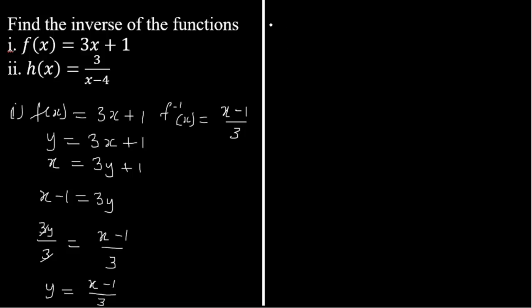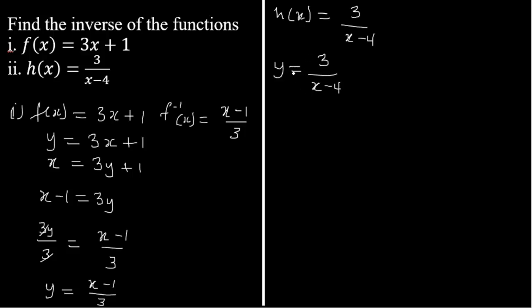Now let's look at the second question, that is h of x equals 3 over x minus 4. So once again, you let y equal to the function h of x. So y equal to 3 over x minus 4.